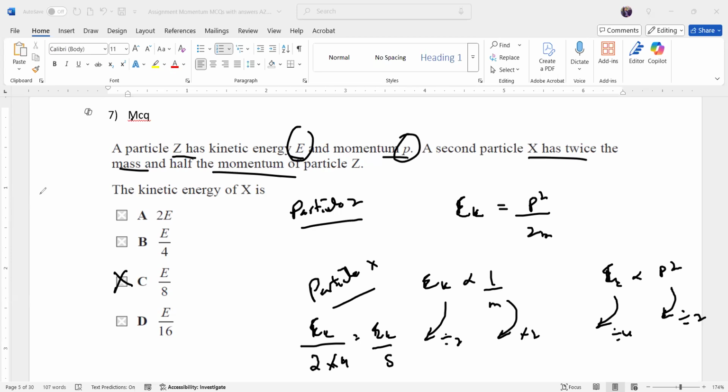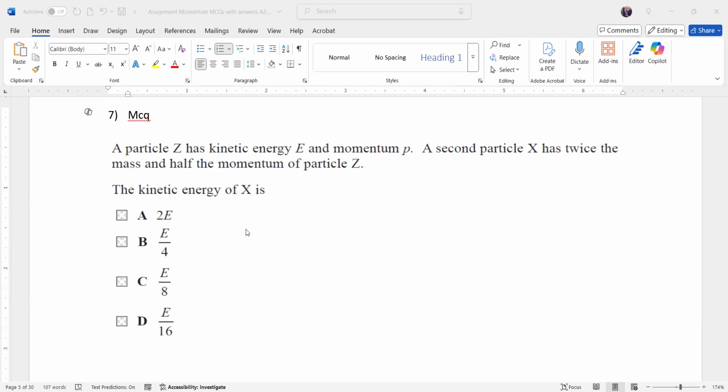Is it clear, this one? Any doubt in question 7? Okay.